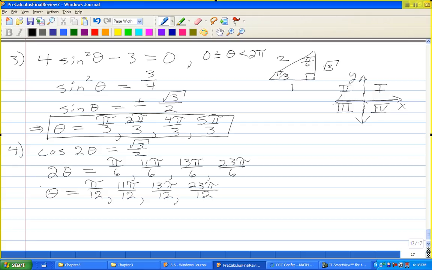And those are your answers for theta between 0 and 2 pi. So those are the 4 answers in this case.